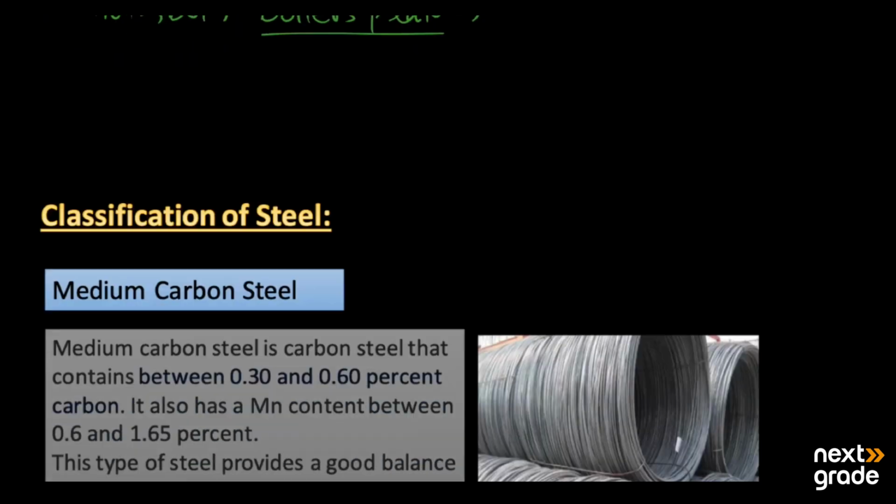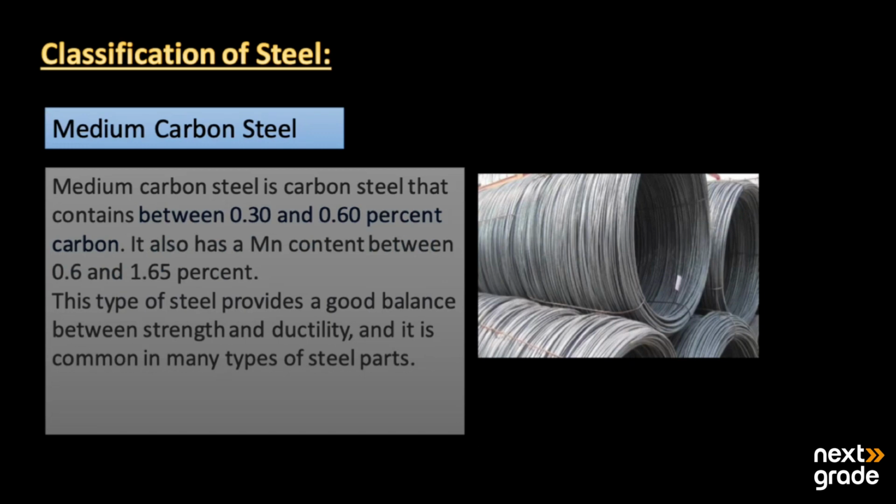After this, we have the second type of steel, which is the medium carbon steel. Medium carbon steel is a carbon steel that contains between 0.30 to 0.60% of carbon, and it also has manganese content between 0.6 to 1.65%.